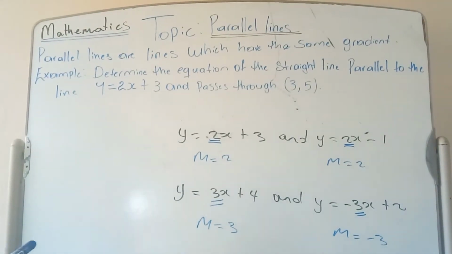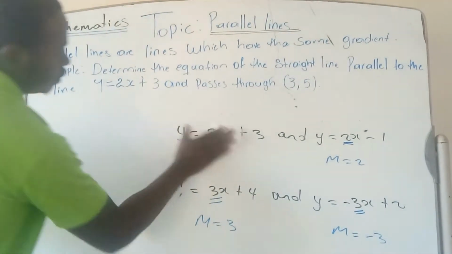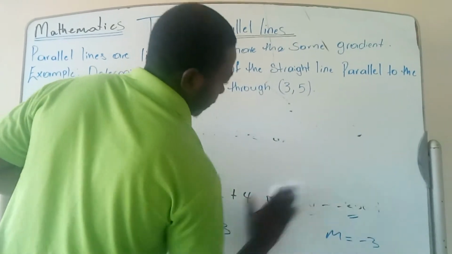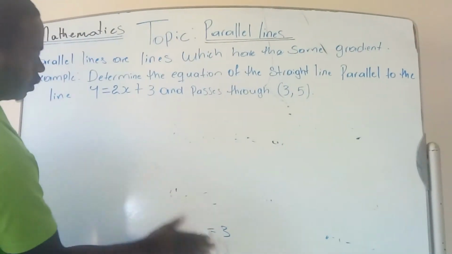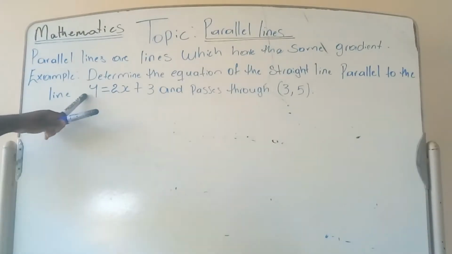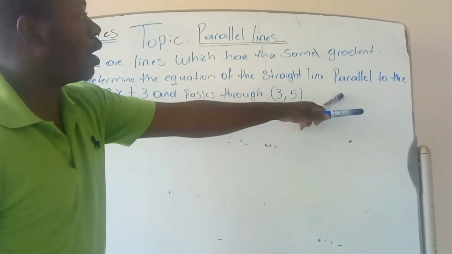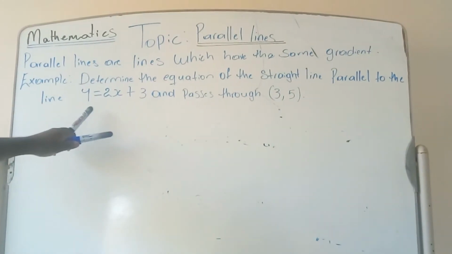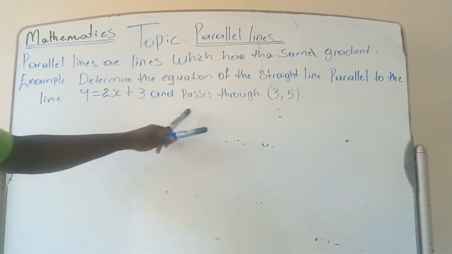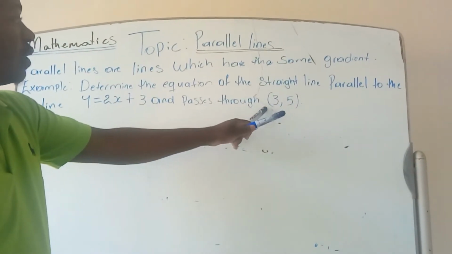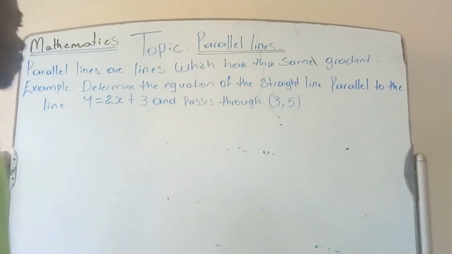Now, let's look at a typical question. Determine the equation of a straight line parallel to the line y equal 2x plus 3 and passes through the point 3, 5.